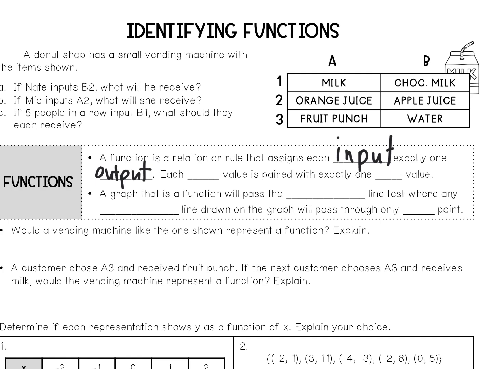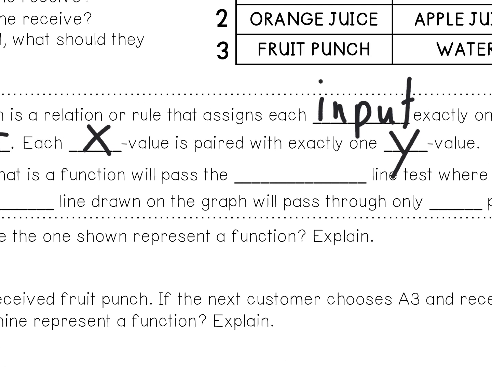X. So each X value is paired with exactly one Y value. Once again, each X value can only have how many Y values? One.